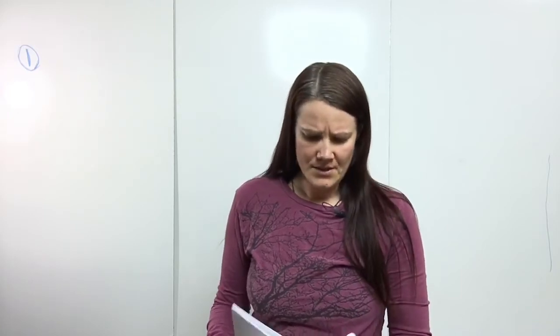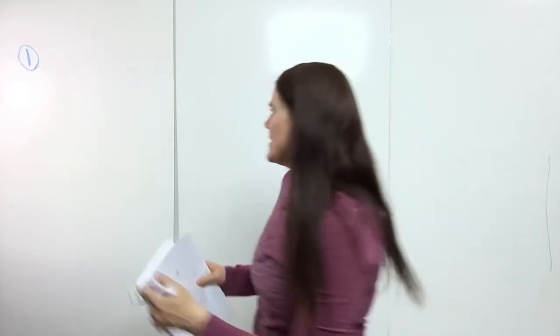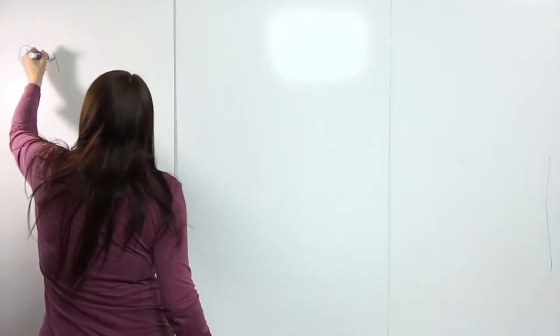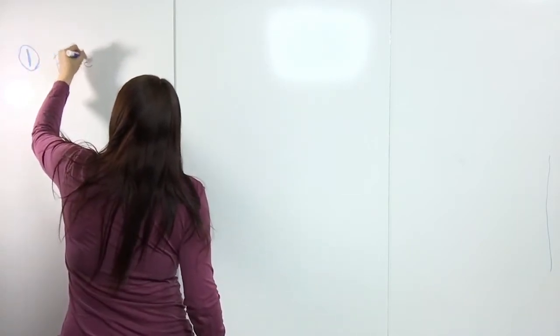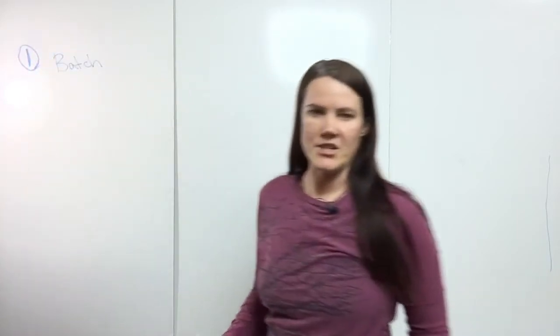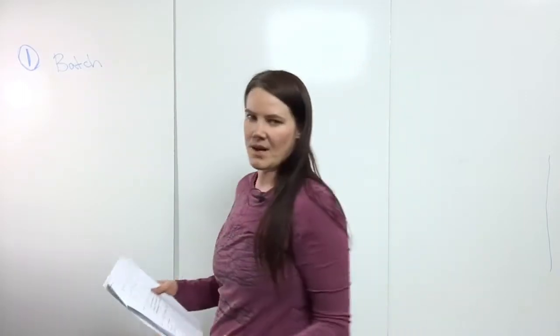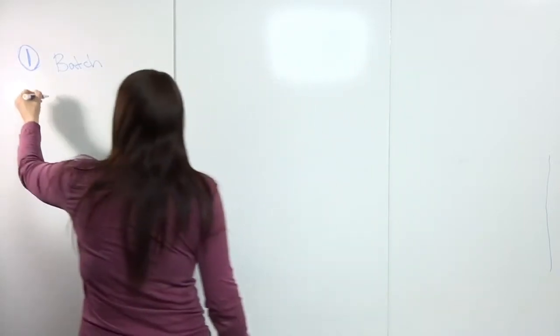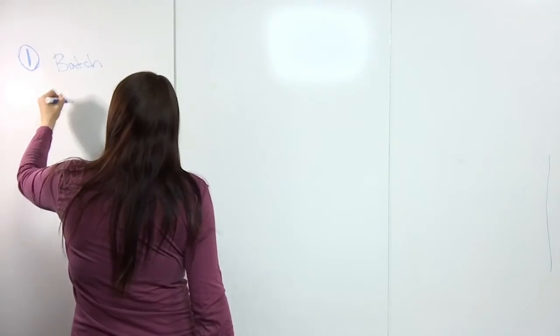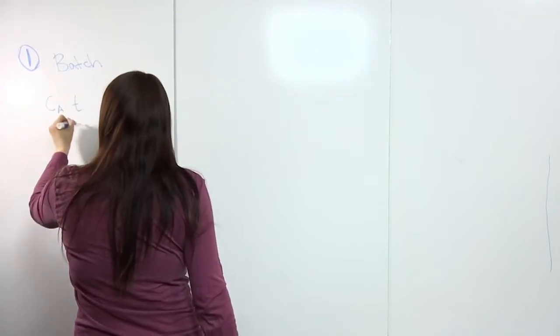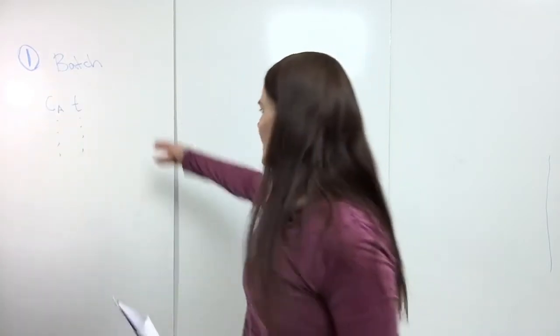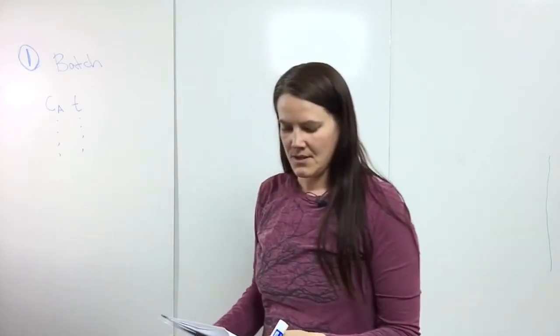So first of all, we're using a batch. Usually these experiments are done in batch reactors, and you're looking for a rate law. So you have data, you have Ca at various times. You want to take this and write a rate law.